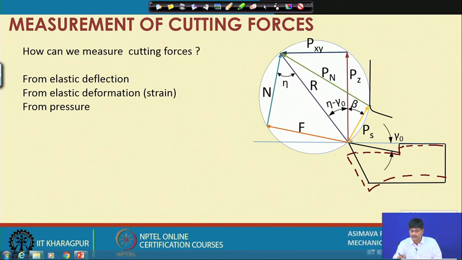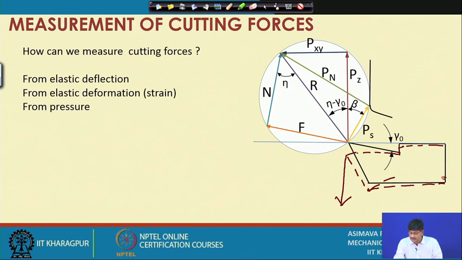Why should it deflect? Because the force is in the other direction. This force, mind you, is on the chip. The cutting tool experiences this force, because of which this is the force on the cutting tool. It deflects like a cantilever beam. My drawing is not very perfect, so let me make that correction.